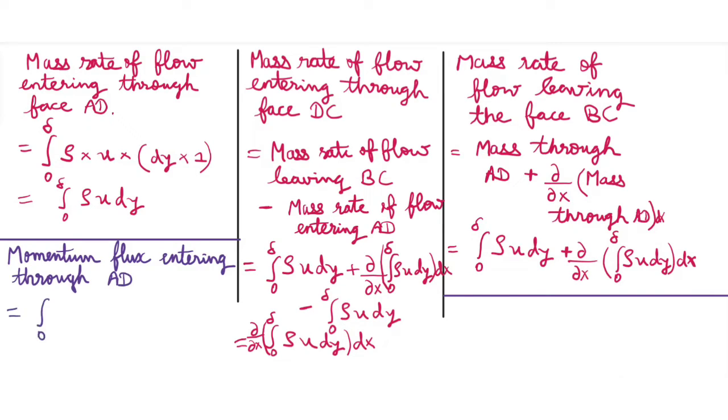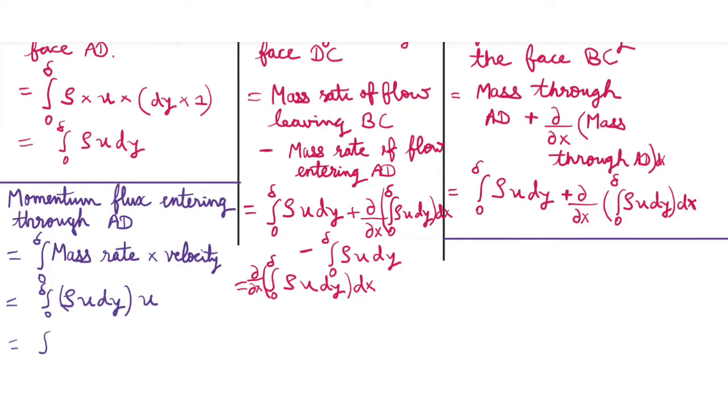So we have the momentum flux entering through AD, which will be equal to mass into velocity. The mass rate we have already found, which is integration 0 to delta rho u dy, and the velocity is small u. So it will be integration 0 to delta rho u square dy.